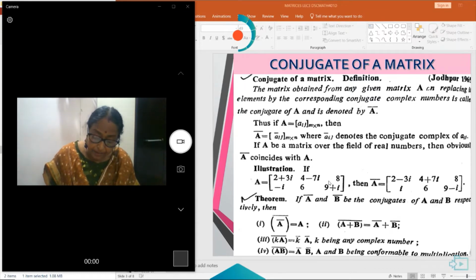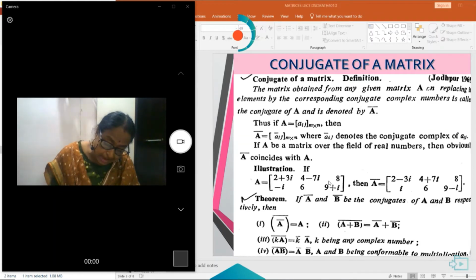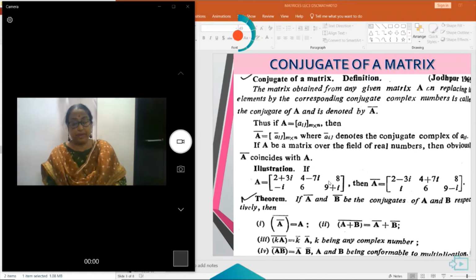Then A bar: 2 plus 3i becomes 2 minus 3i, and 4 minus 7i becomes 4 plus 7i. 8, being a real number, remains as usual. Then minus i becomes plus i, 6 remains as it is, and the complex number 9 plus i becomes 9 minus i.